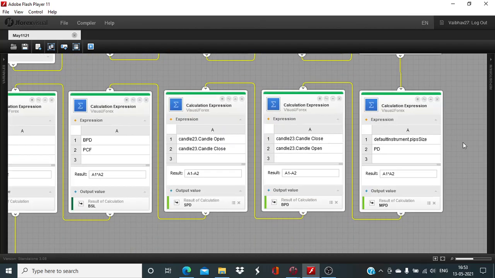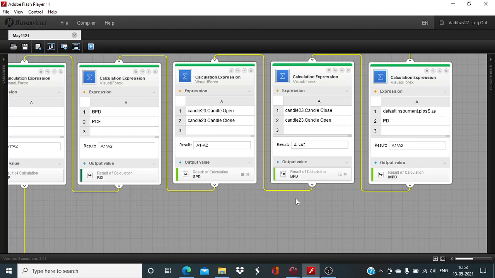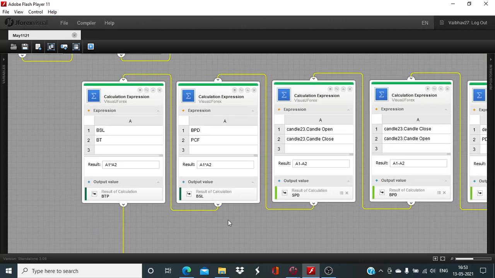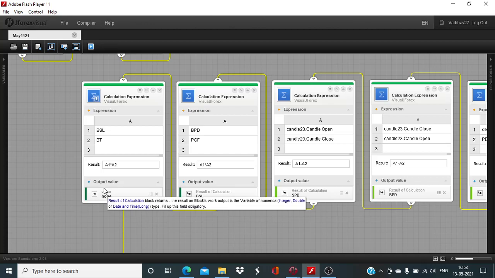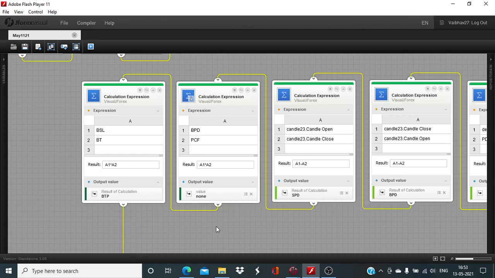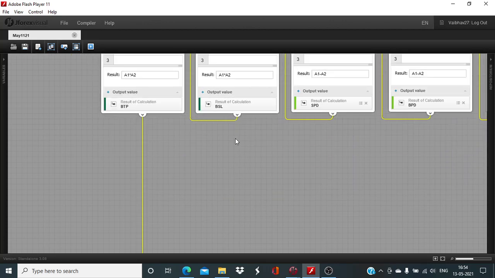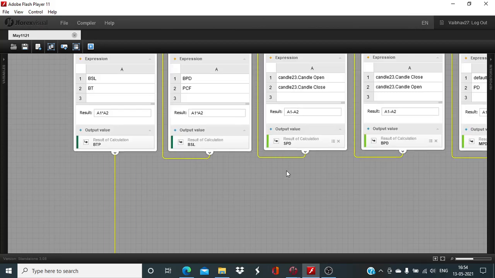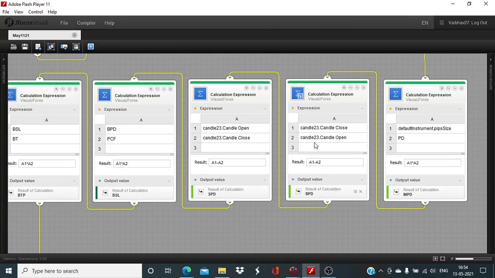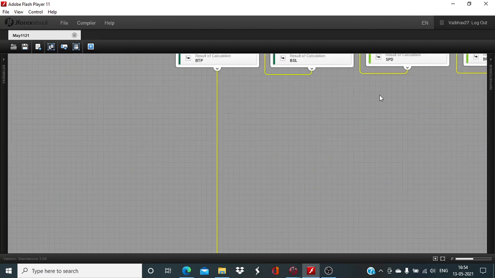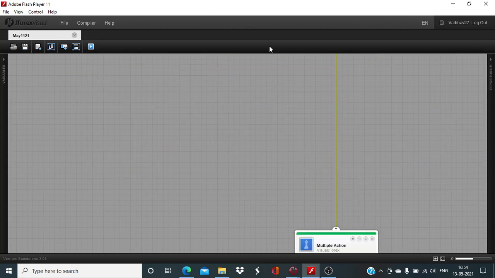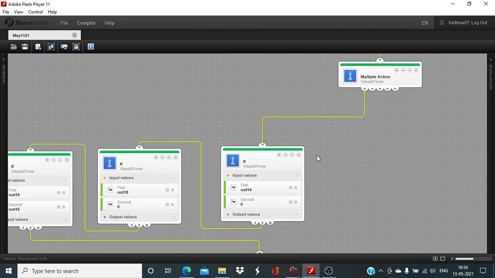These calculation expression blocks have been used to define certain minimum requirements, and after that, once we were done with defining the conditions for the execution of the buy trade, these target price and stop loss valuations were carried out to keep the stop loss and target price dynamic depending on the actual price difference between the last 15 minutes candle close and candle open. On the lower side, this buy side is complete.